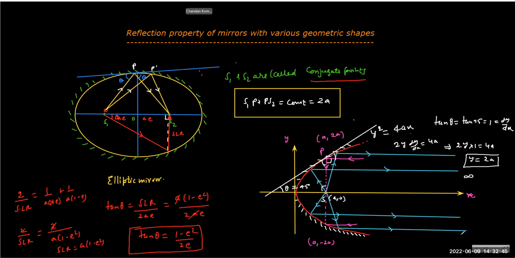Now coming to the circle, because the circle is also very famous. Spherical mirrors are like, in two dimensions, we can think of a circle. If you think in terms of conjugate points, a circle is a special case of an ellipse in which the two foci coincide at the center.